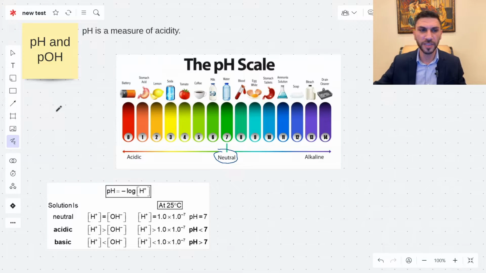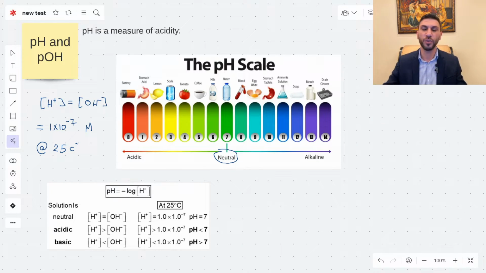And we studied previously that in water, the concentration of H positive equals the concentration of OH negative, and both of them equal 1 times 10 to the power of negative 7 molar at 25 Celsius. I recommend you recall or watch that video again before we proceed.